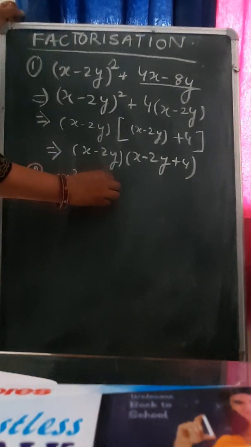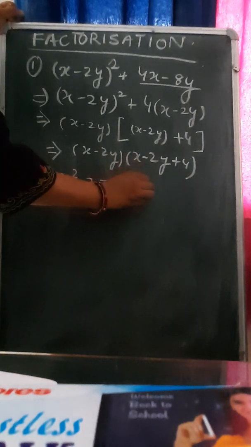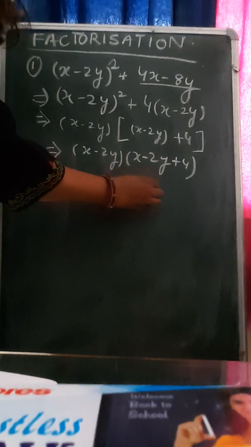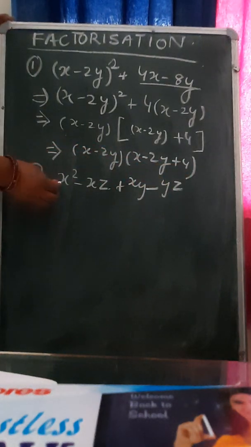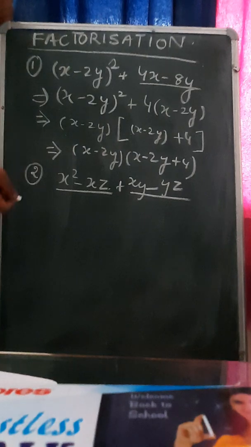Here it is x square minus xz plus xy minus yz. Again here children, 4 terms are there. So we can see whether I can take these 2 terms as a pair and these 2 terms as a pair, and we will see the result, what is the common term in between.